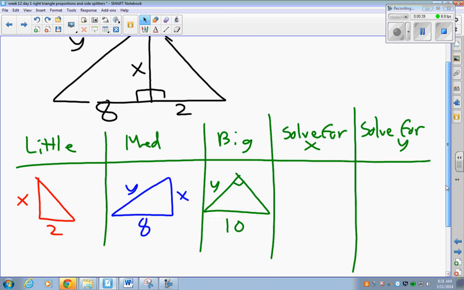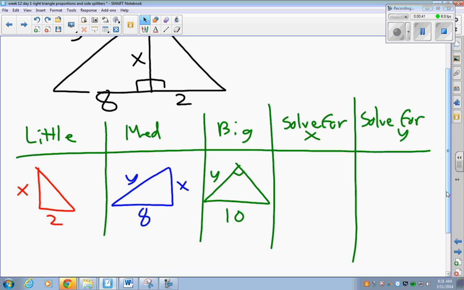Okay? Now, this time I said I want to solve for x and I want to solve for y because there were 2 variables out there, the x and the y. So if you want to do the x, your focus is to take the 2 triangles that have 2 sides at least labeled, but they both involve x's.